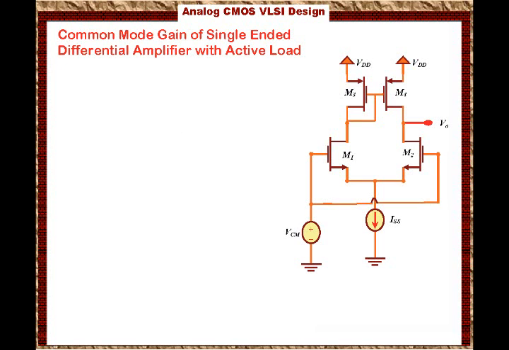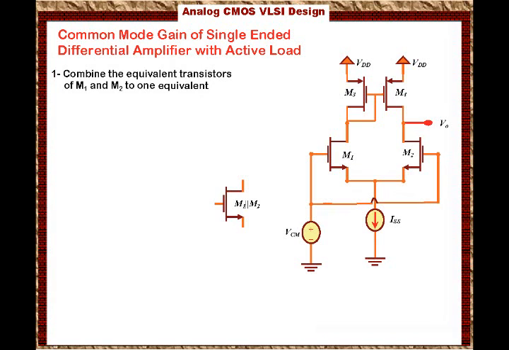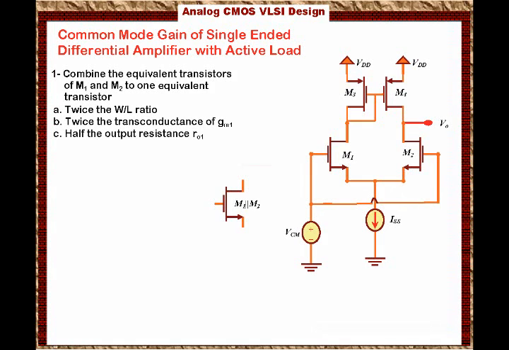Because the transistors are perfectly matched, we can combine the bottom transistors M1 and M2 into one equivalent transistor. The bottom equivalent transistor has twice the W/L ratio. It has twice the transconductance gm1, and it also has half the output resistance RO1.